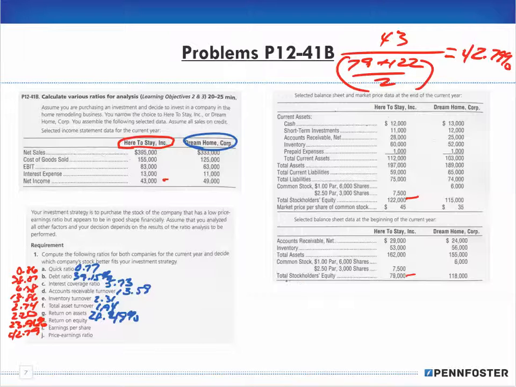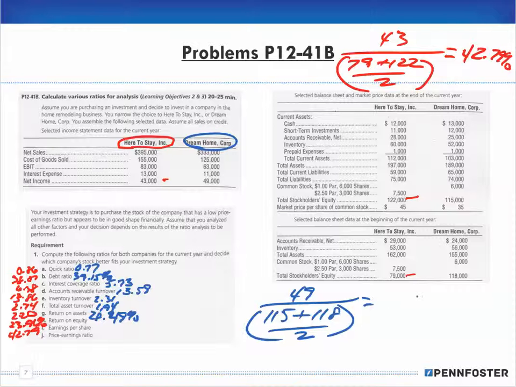And let's see, it's 49 over 115 plus 118 divided by 2. It's 42.06. Okay, pause the video. I'm going to erase this.